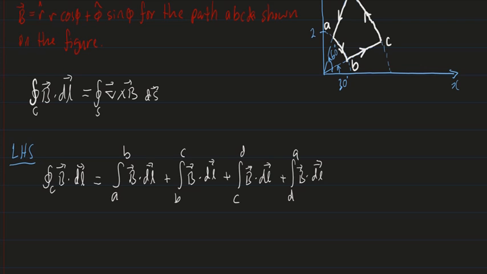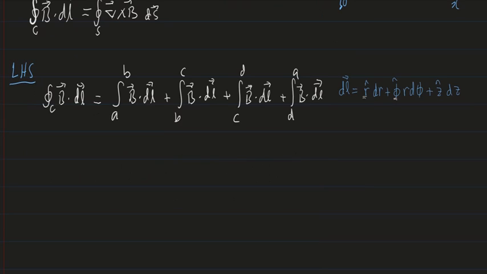So first of all, we need to figure out what dl is in cylindrical coordinates, and we can pull this from the formula sheet. Doing so, we will find that dl is equal to r hat dr plus phi hat r d phi plus z hat dz.